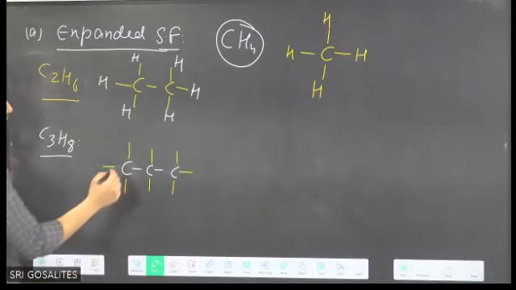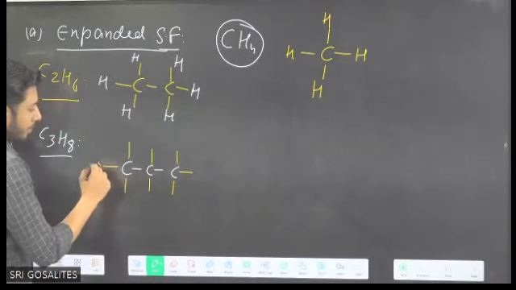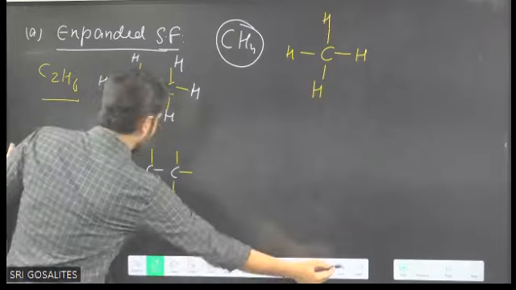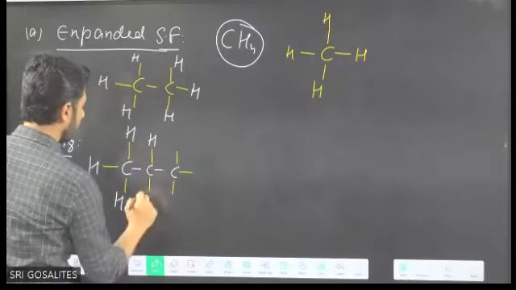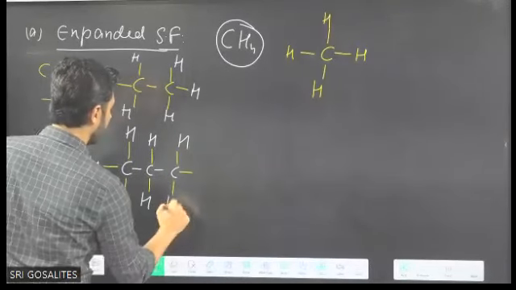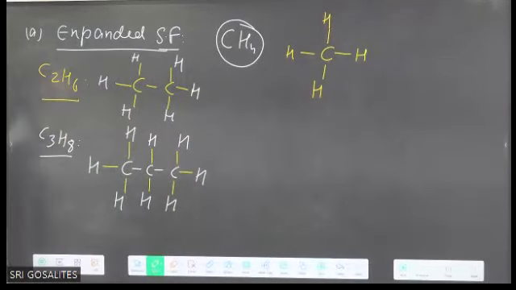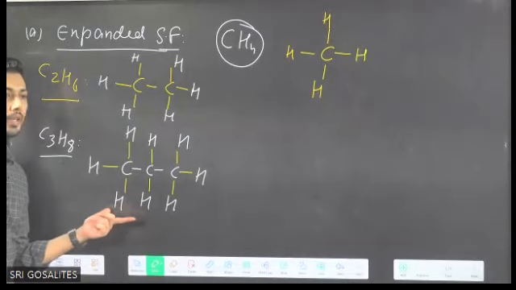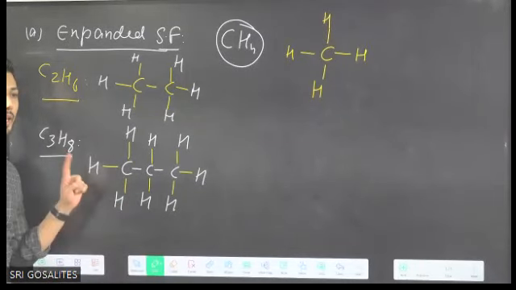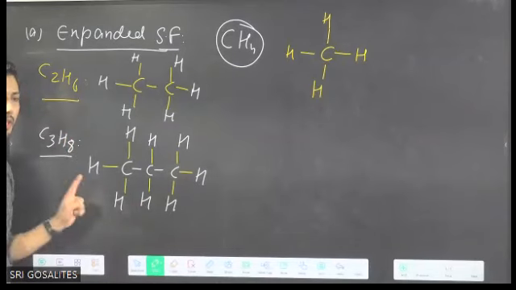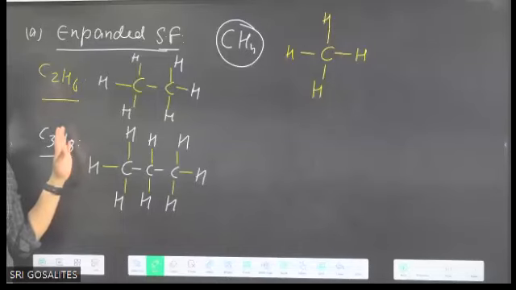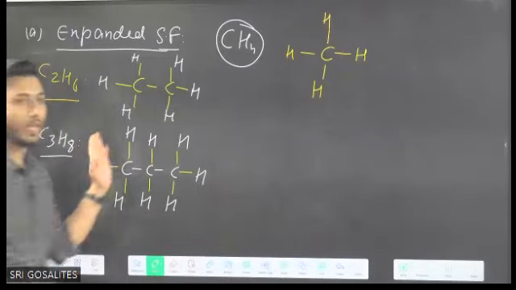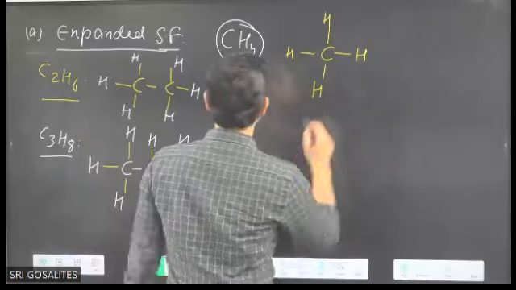Carbon is tetravalent, each carbon forming four bonds. The terminal will always be CH3 here, then CH2. Now tell me, is this clear? We are representing the structure, and the first form is the expanded form. Okay, C3H8 is done.